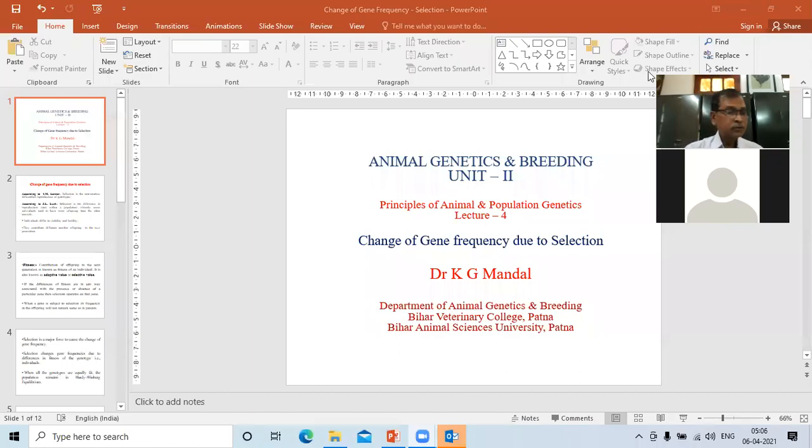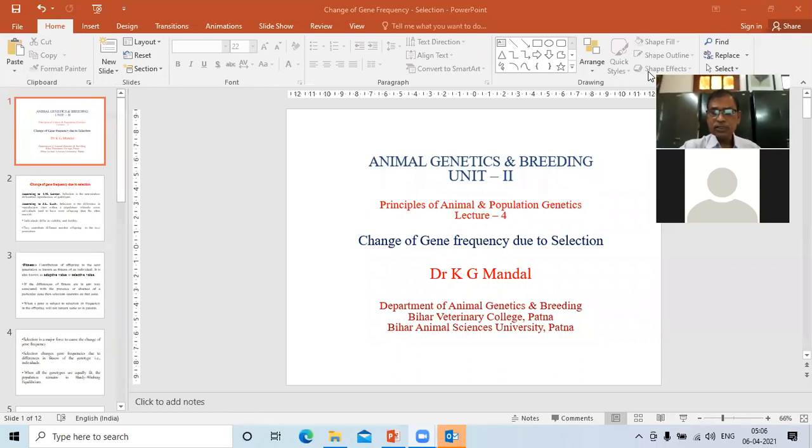So today we shall start the next class, that is change of gene frequency due to selection. This is one of the forces responsible for systematic process for change of gene frequency. We have already covered the other two forces which are responsible for change of gene frequency, migration and mutation.